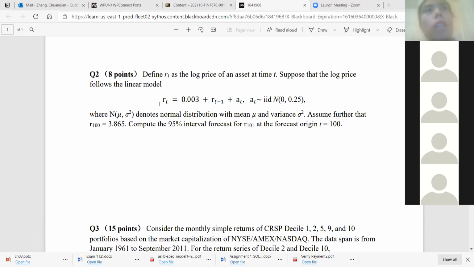For example, if I require you to write R_{t+1} equals what? So R_t equals this constant 0.003 plus R_{t-1}, right? Because you replace t with t plus 1, so a_t becomes a_{t+1}. And we also know that R_{t-1} equals 0.03 plus R_{t-2}.